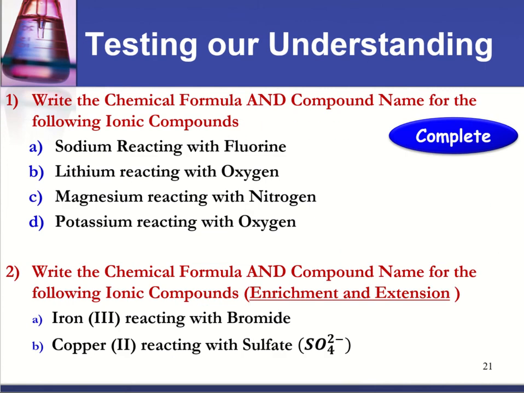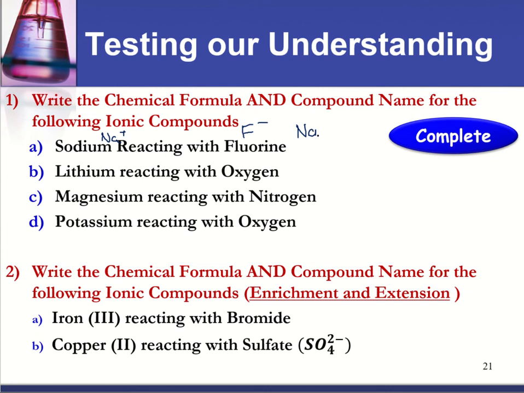I'm going to show you just a couple of names and then you can have a go at the questions yourselves afterwards. So sodium is +1, fluorine is -1. You can see it's the same charge number, so you just add the symbols together.